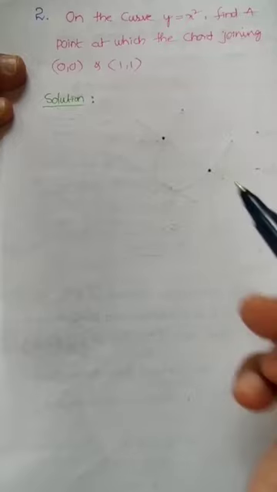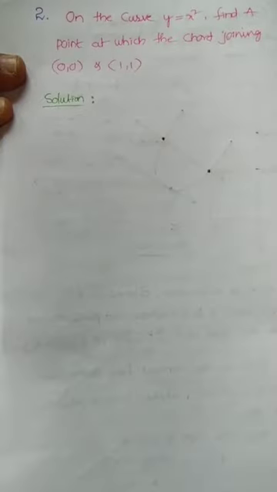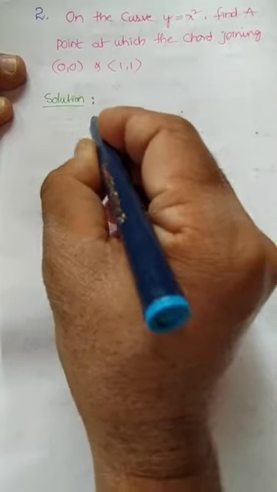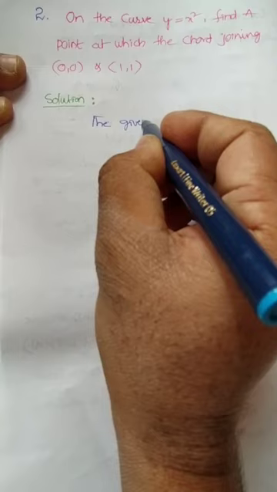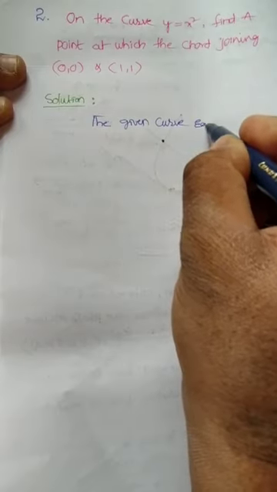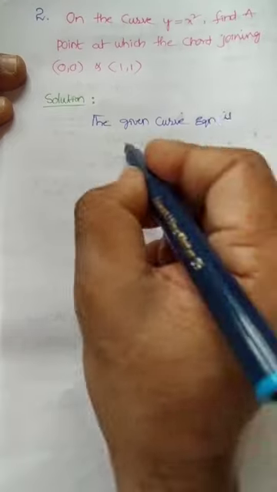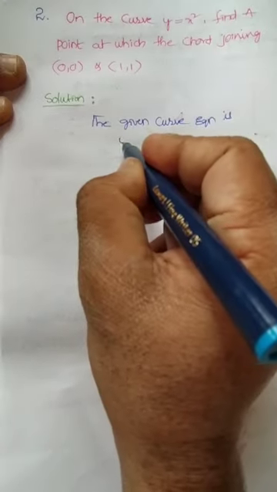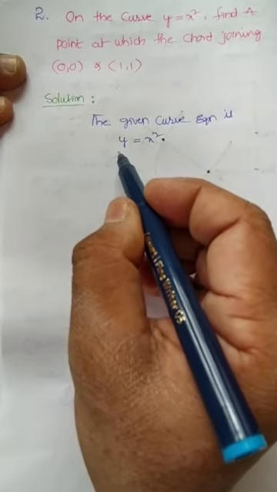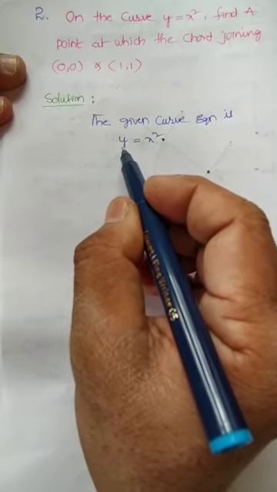In the solution, the given curve equation is y is equals to x square. Now I am finding the slope of the tangent line to this curve.